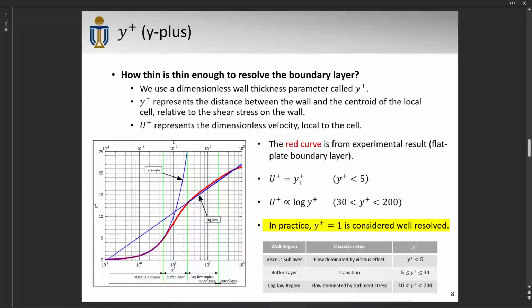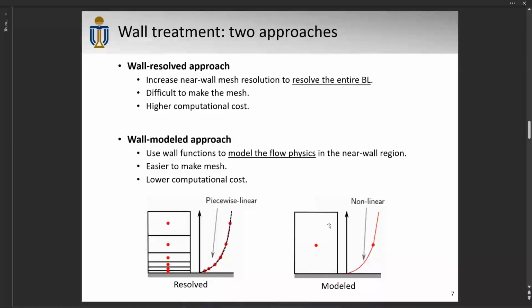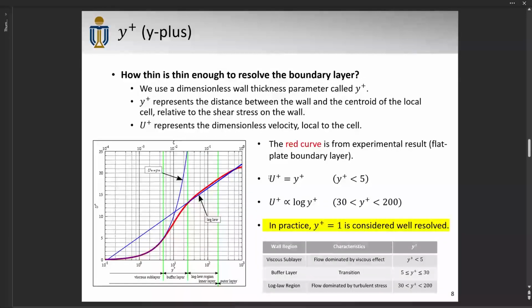So that makes things very easy to model. So if your y plus is below 5, instead of calculating the physics here using whatever governing equations you have, you can simply apply a u plus equals y plus relationship and then calculate the flow field like that. It saves you a lot of computation time.